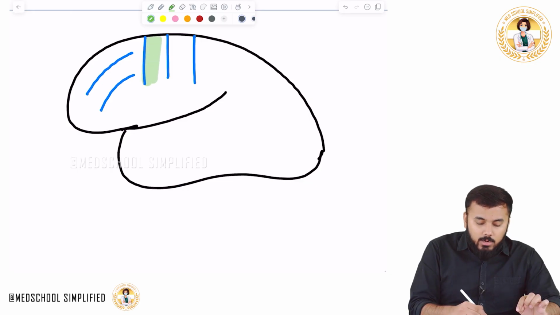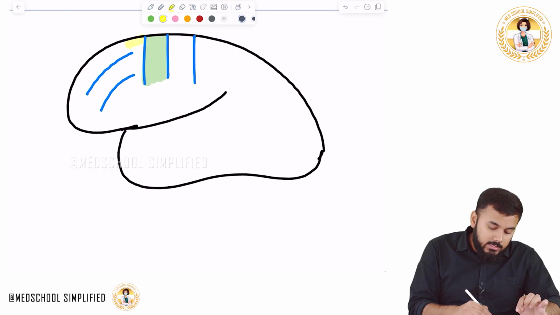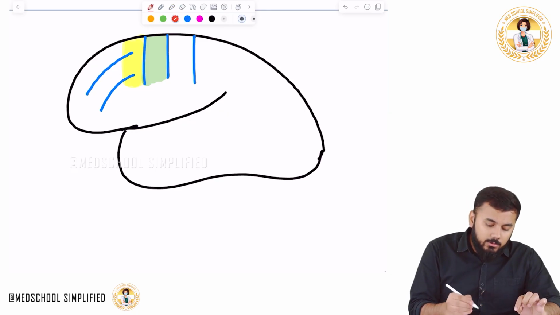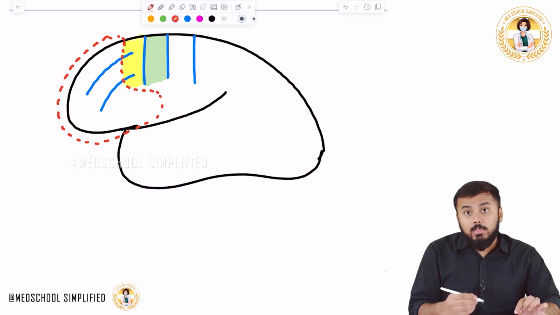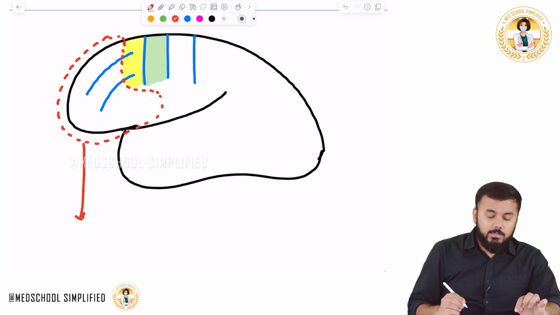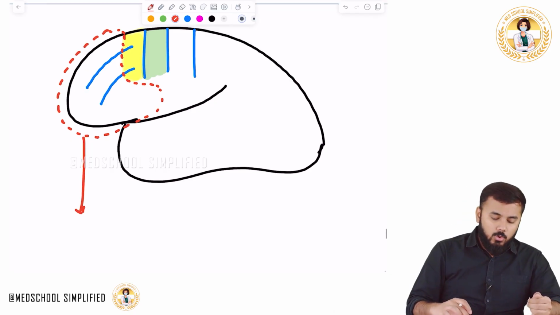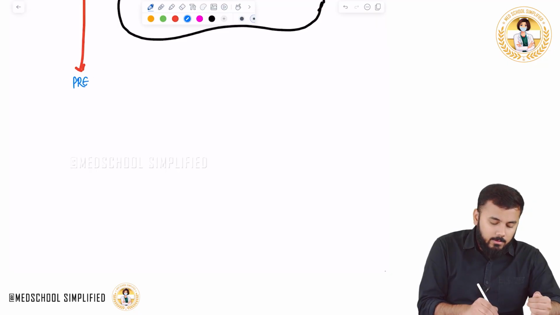This area is area number 4, and this yellow colored area is area number 6 and 8. Now you see this particular area over here: it is called the prefrontal area. It is completely in the front, so you call this area your prefrontal area.